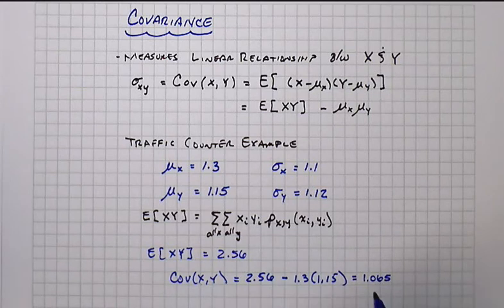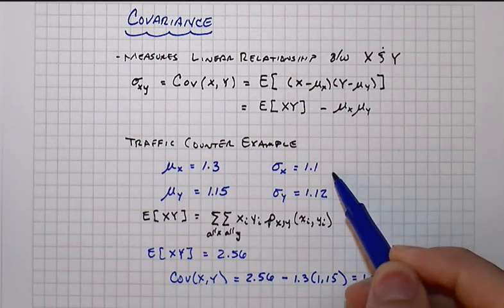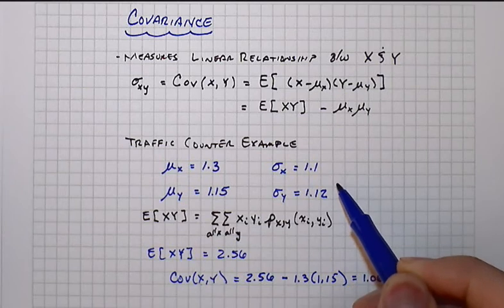Unfortunately, I don't really know how to interpret what a covariance of 1.065 is, just like I don't know how to interpret what a standard deviation is. Is 1.1 large? I don't know. It depends, remember, on how that compares to the mean.